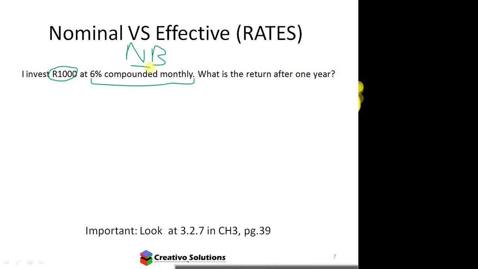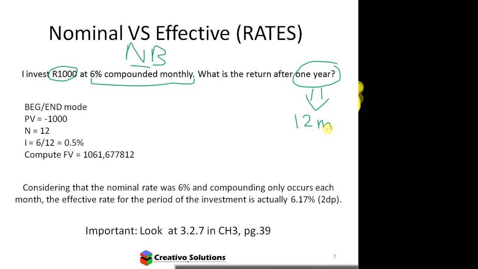How long am I investing for? 1 year. Can I use a year with months? No, I can't. Good. So I can't use 6% compounded monthly with 1 year. 1 year is how many months? 12 months. Good.